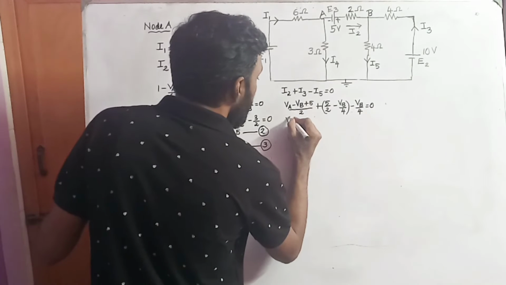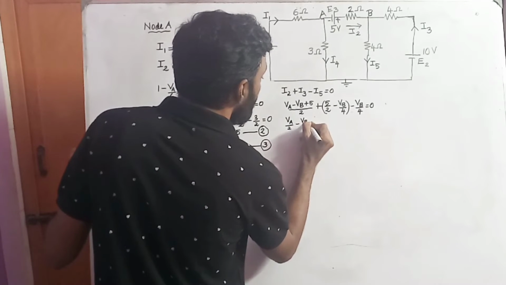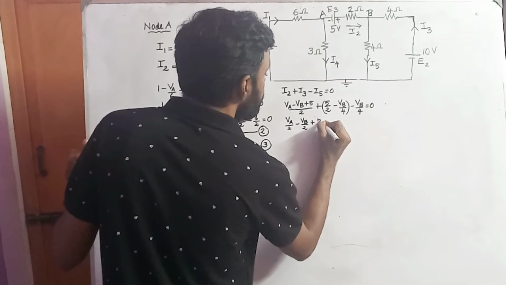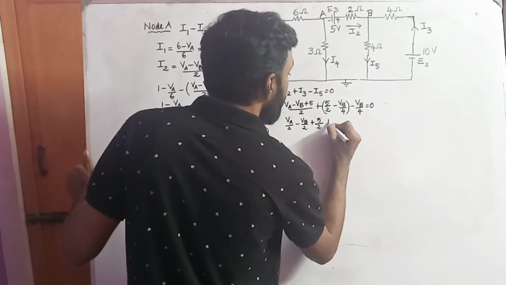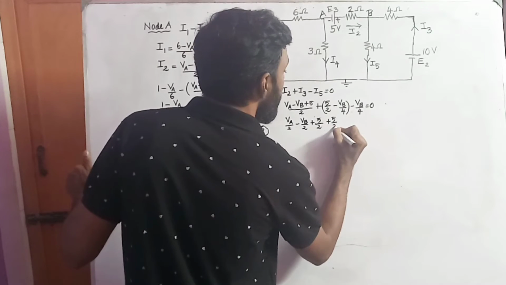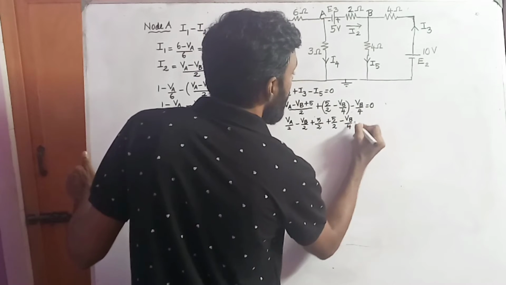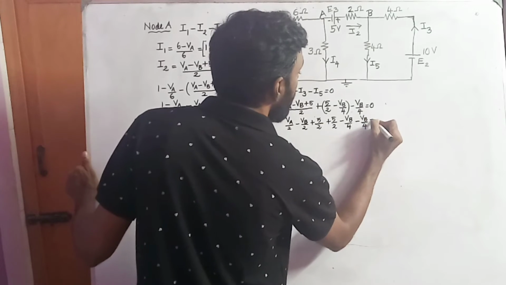It will be VA by 2 minus VB by 2, plus 5 by 2, plus 5 divided by 2 minus VB by 4, minus VB by 4, equal to 0.